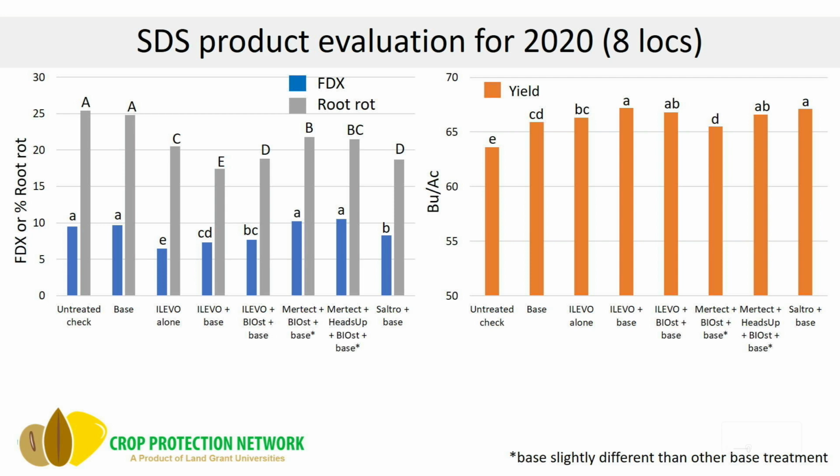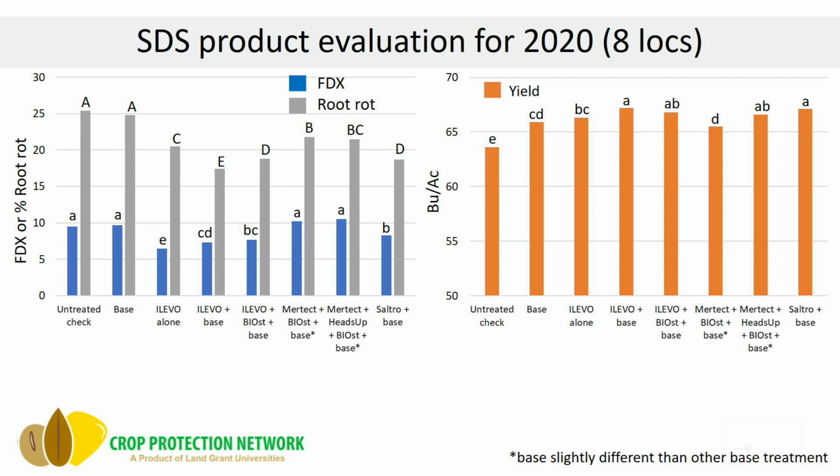And so in this particular case, we'll start with the blue bars, the FDX, the foliar symptoms. Anything that had Elevo or Saltro reduced foliar symptoms. The Murtec and the Murtec plus Heads Up and the BioST did not affect the foliar symptoms.